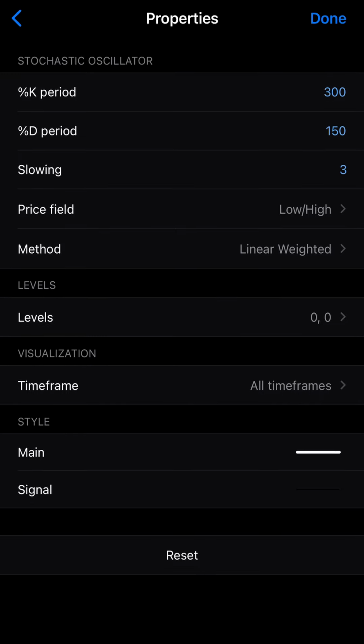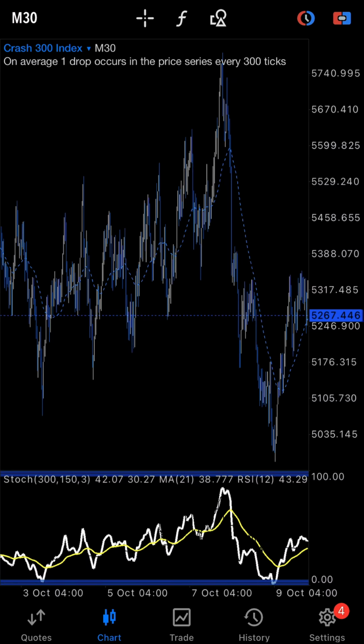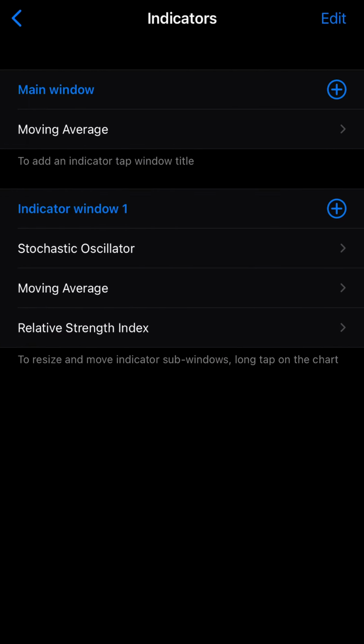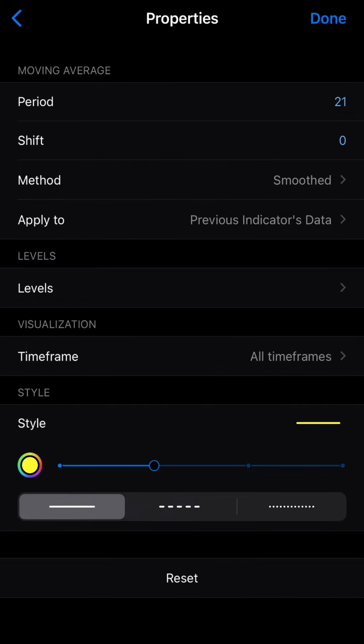You can just copy this screen and set. Then the second indicator on indicator window 1 is the moving average. You set the period to 21, the method smoothed, and apply to previous indicator's data.